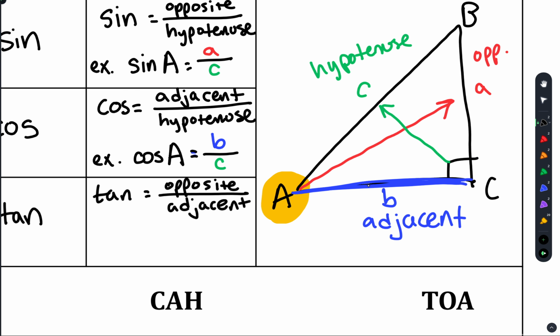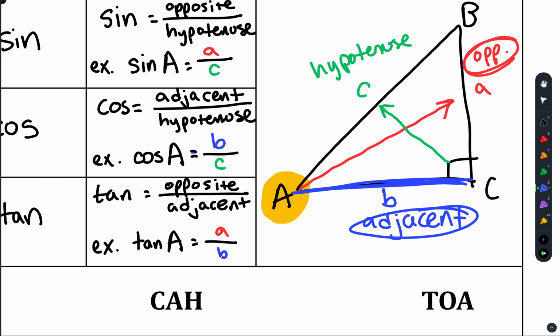So let me write a little example here. Again, still focusing on tangent of that angle A. If I want to look at the opposite side to angle A, remember opposite was over here, it's that little a. And the adjacent side is over here, that's little b.